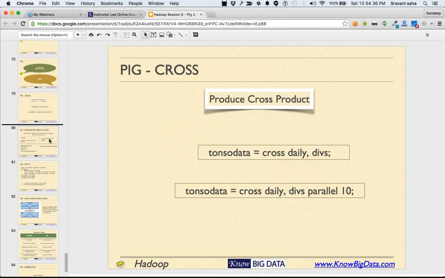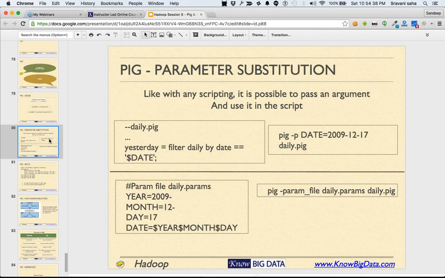Now, since Pig is generally used for analytics and for generating reports, in reports you want to execute the same script with different arguments.